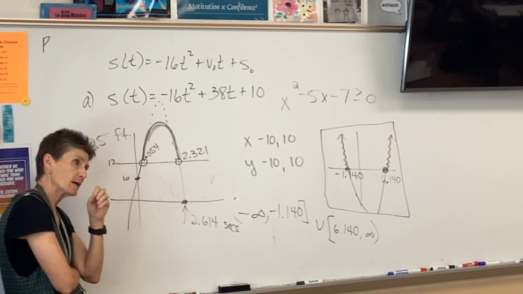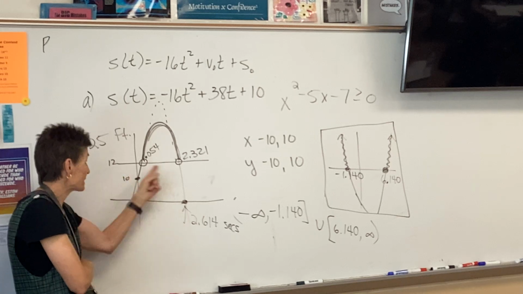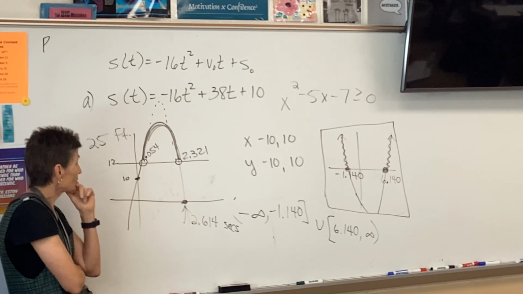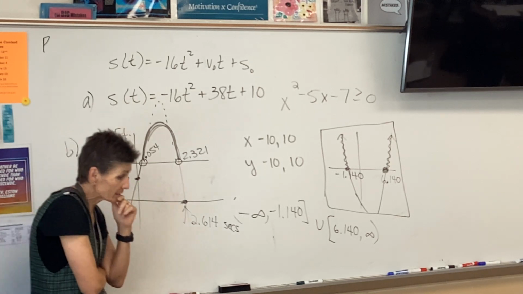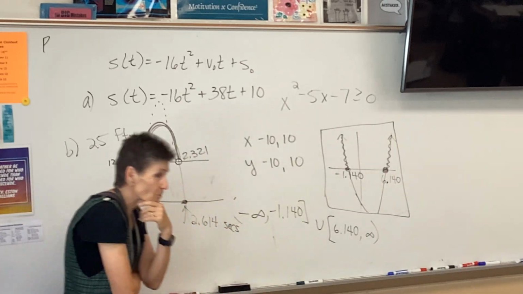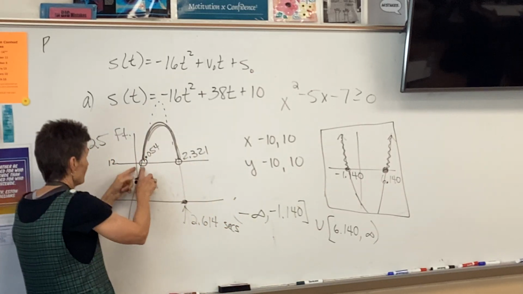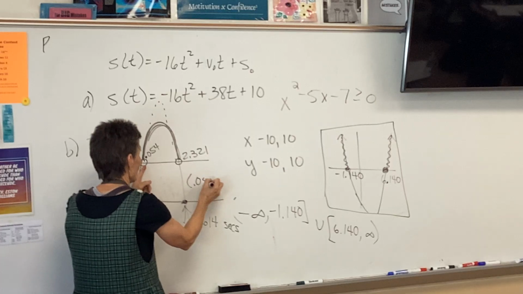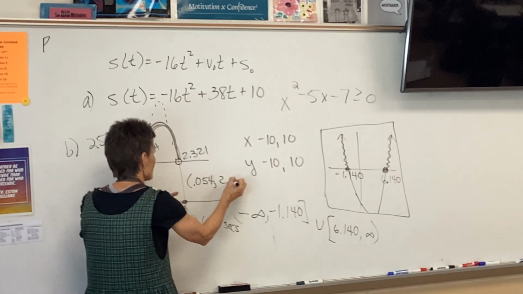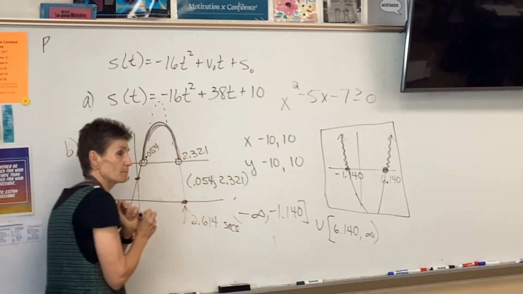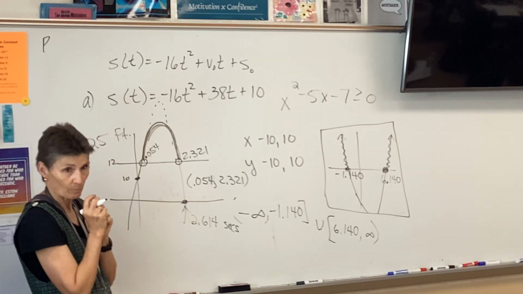So second calc, I used intersect because I put this in as a separate equation. So where is it higher than 12 feet? Between 0.054 and 2.321. Okay?